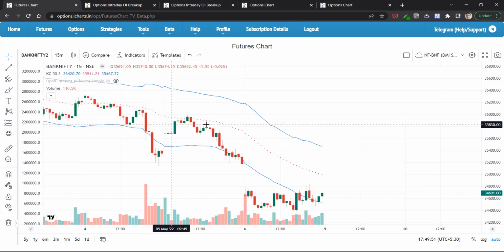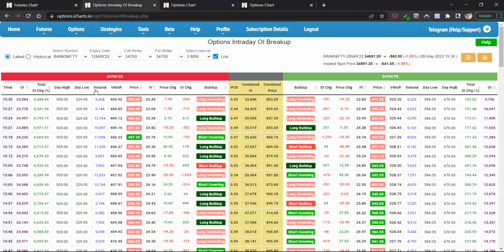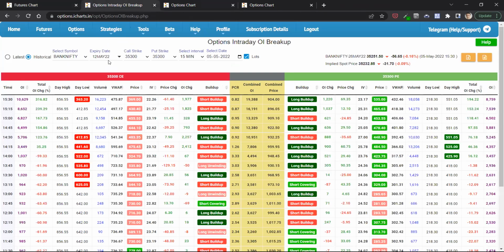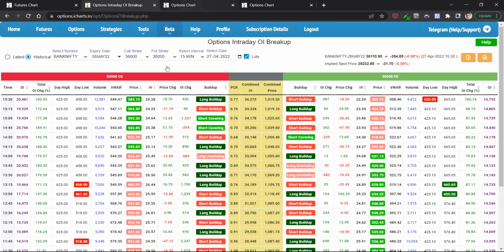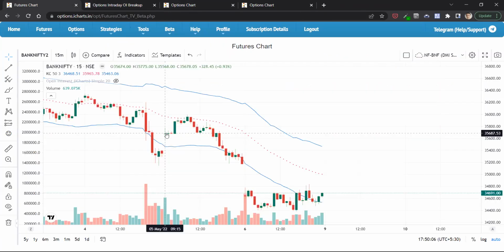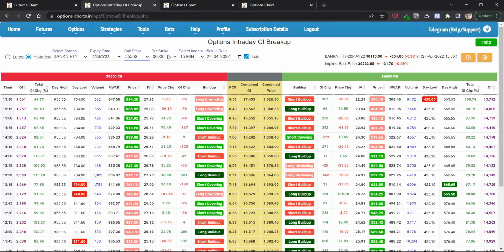If you take a day like this on 5th, probably that would be better. Let me take the expiry day here, 5th, and let us start at 9:30, which is around 35.5.